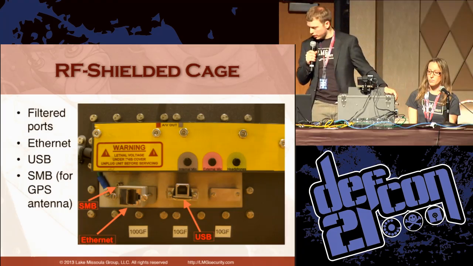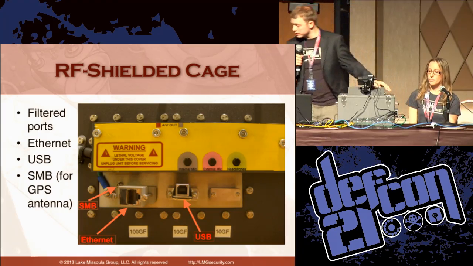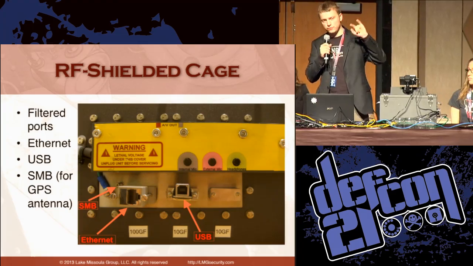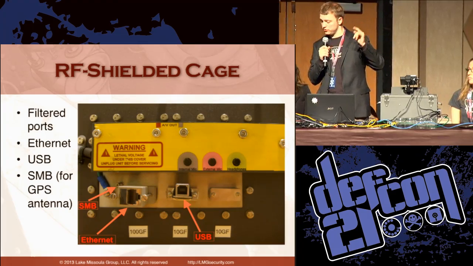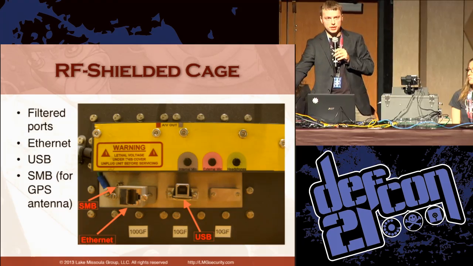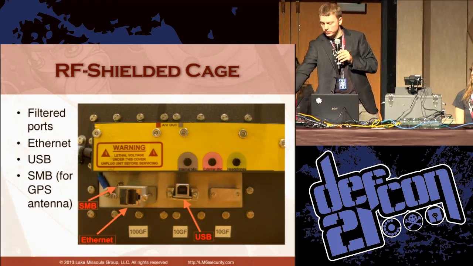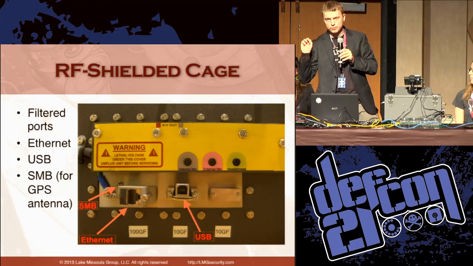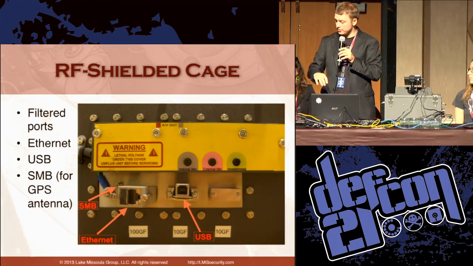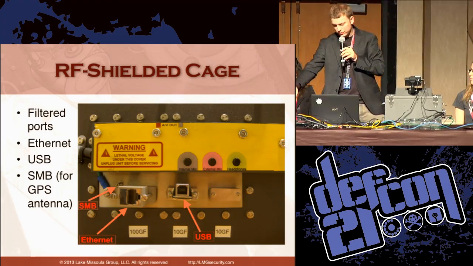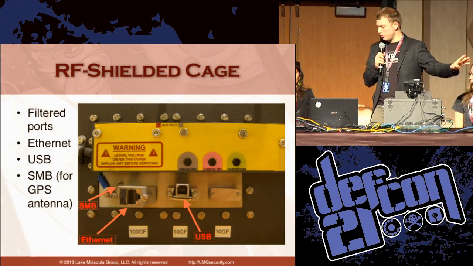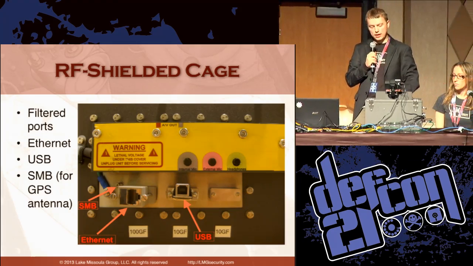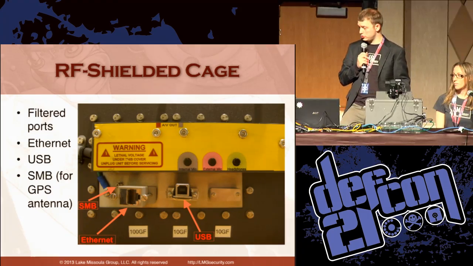So on the side of this box here, you can see there's a number of configurable ports. The first of which is currently set to be an Ethernet jack, a filtered Ethernet jack for the backhaul to Verizon's network. We then have a USB port that connects to the FTDI Friend that's inside that we will use for serial communication.